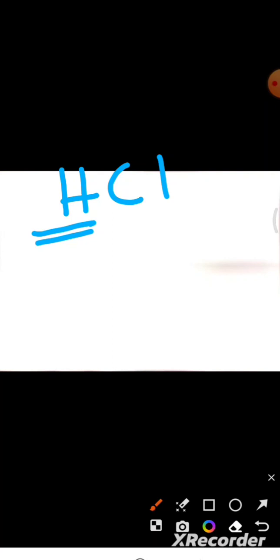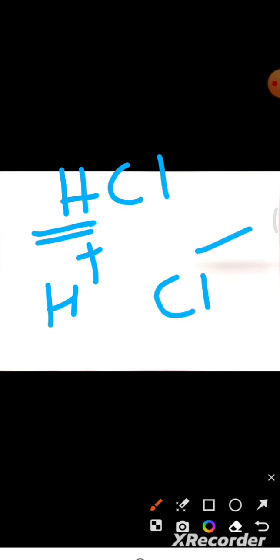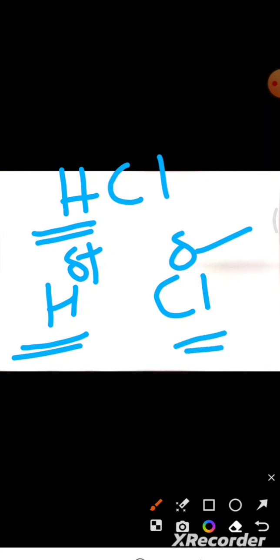So we can write this as H plus Cl minus. That means the H is not completely metal here. So H has this delta plus and this one delta minus, meaning slightly positive, slightly negative.